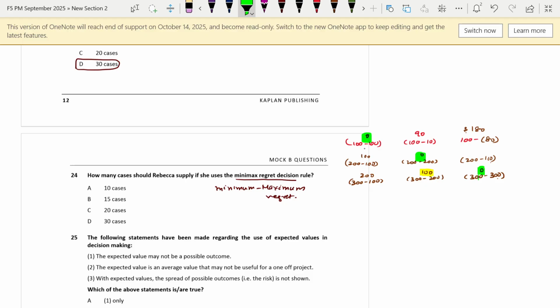Maximum, minimum. Okay, maximum regret. What is the answer? 30 cases.